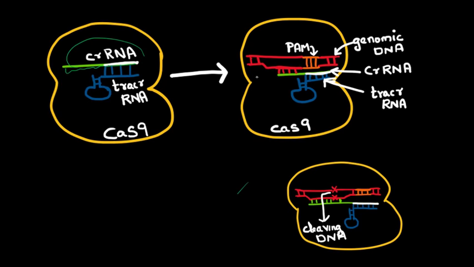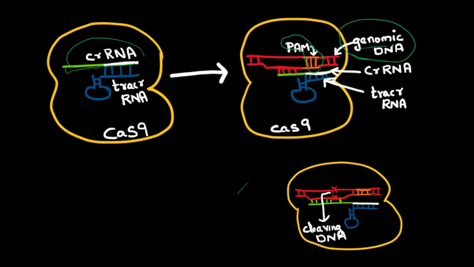And now it has gone and attached to genomic DNA or a target DNA, and this is the PAM sequence that is seen in the target DNA, the genomic DNA, or in case of bacterial infections, the viral genome.